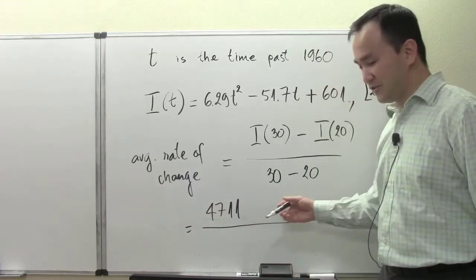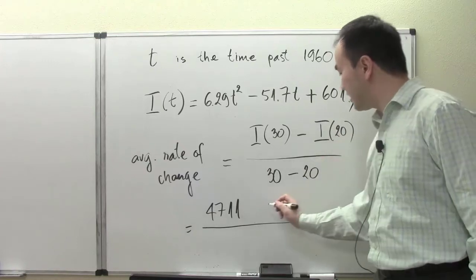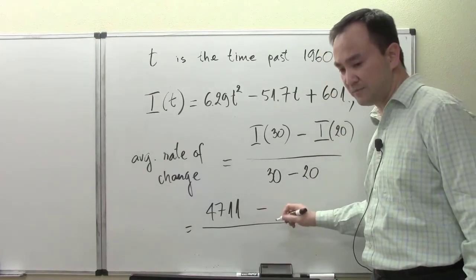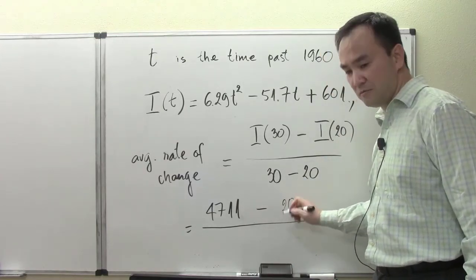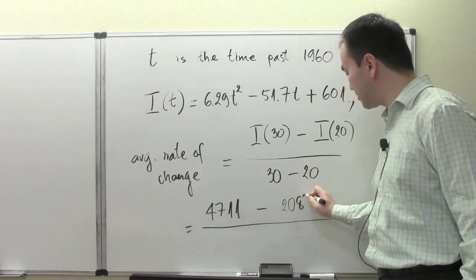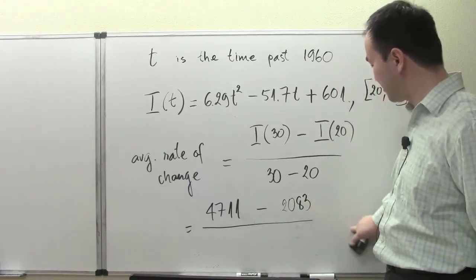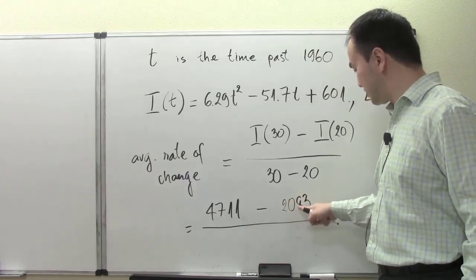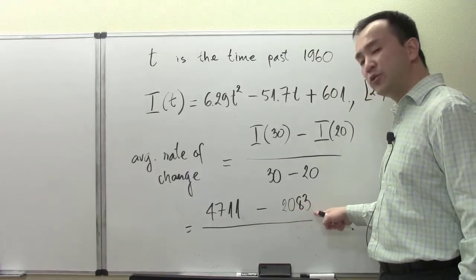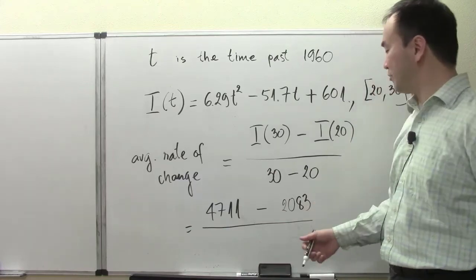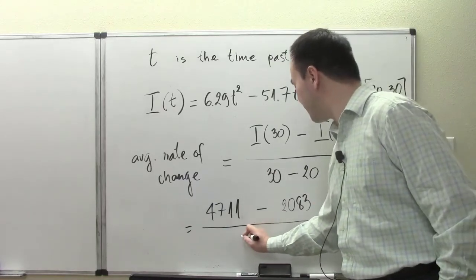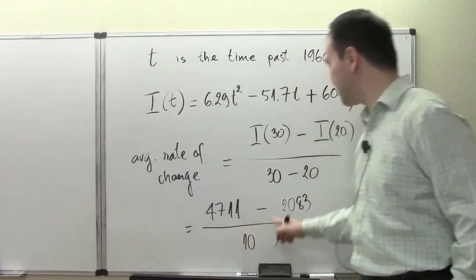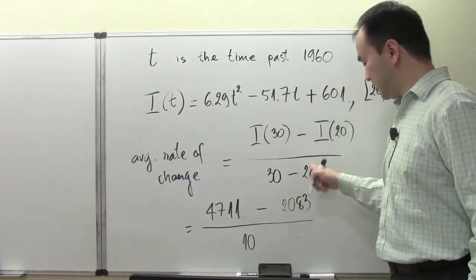Now for I of 20, we subtract 2083, according to my calculation, and again this is 2083 billion. We are now dividing by 10 because 30 minus 20 is simply 10.